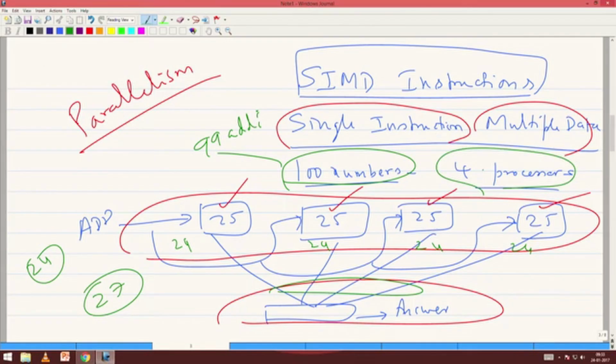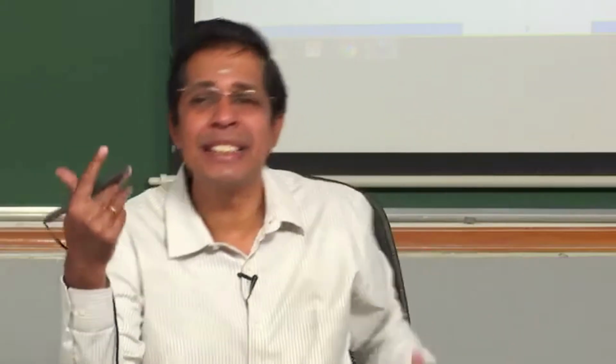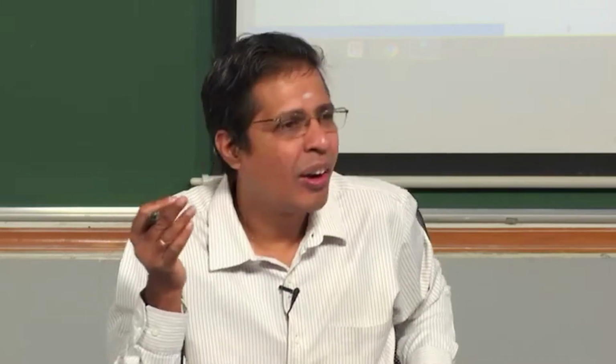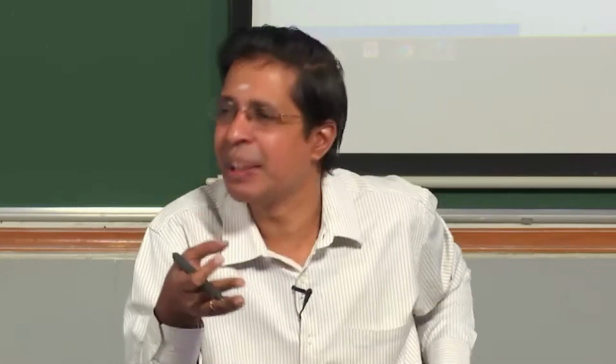So what we saw as recursive doubling is also parallelism, right? If I had one processor to do the prefix sum, it would have taken order n time. If I had n processors, it took order log n time, right? And that is also an example of SIMD, because I did only one single instruction of adding my neighbor and making me point to the neighbor's neighbor every step.